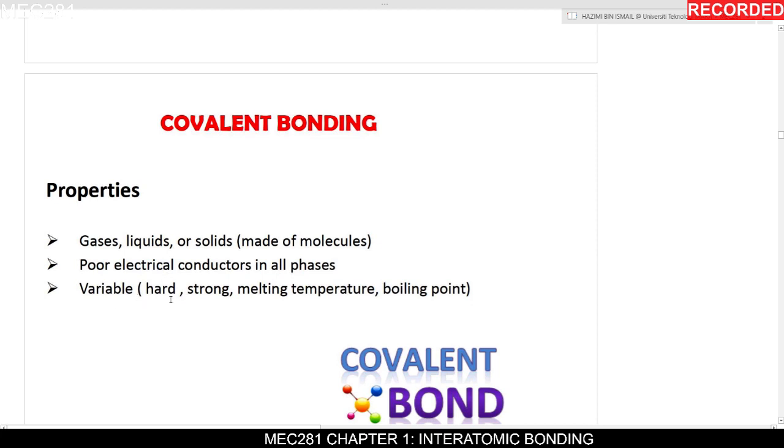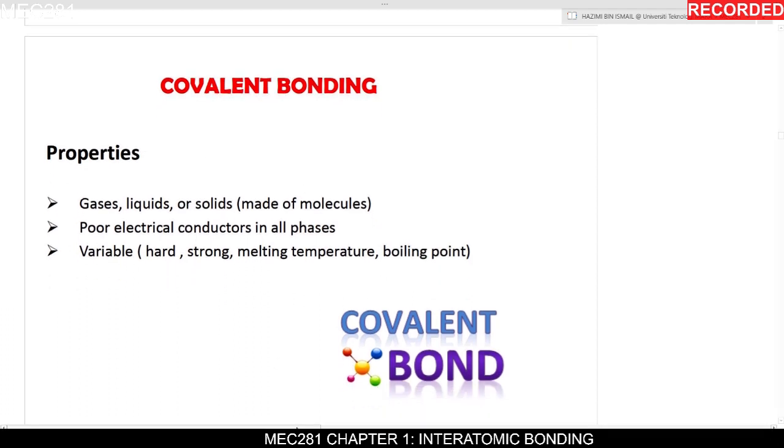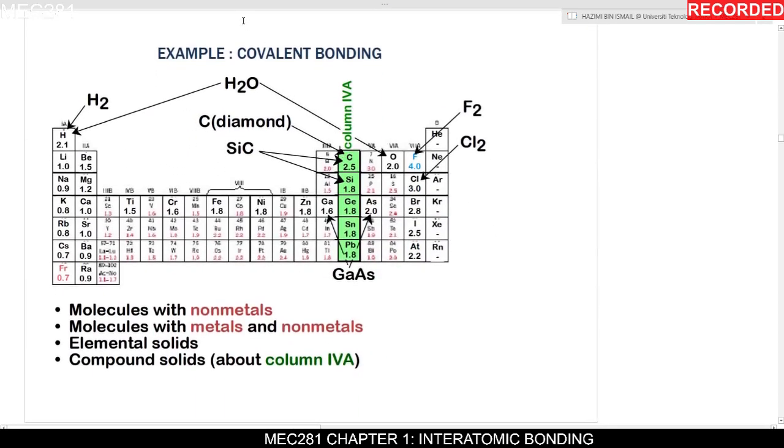So it doesn't have electrical conductivity properties. It can be soft or strong, it can have a high melting temperature, and a low or high boiling point. So it is variable and depends on the combination of elements itself. Examples of covalent bonding: hydrogen with carbon, yes, we have CH4, C2H6 and so on.